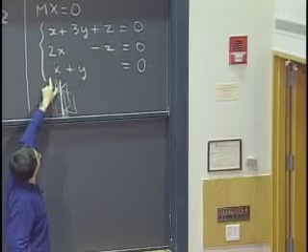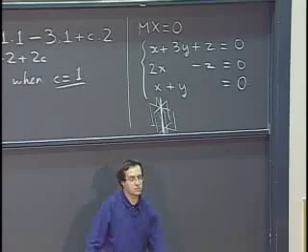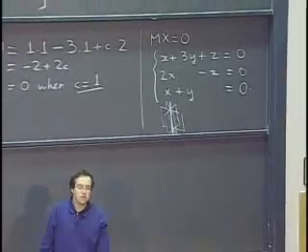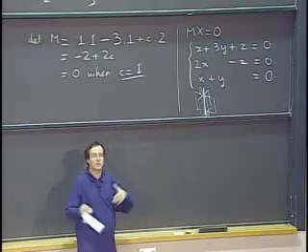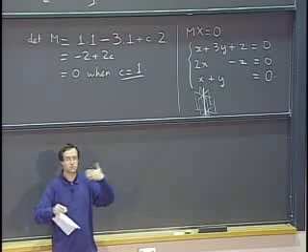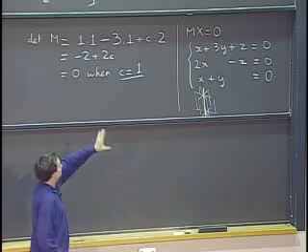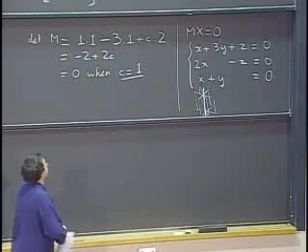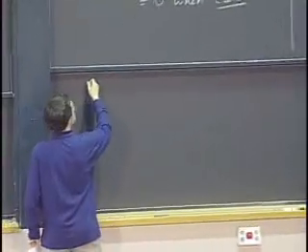Right? 3 times x plus y minus 2x minus z will be x plus 3y plus z. Now, we don't actually need to see that to solve the problem. I'm just showing you that's what happens when you have a matrix with determinant 0. One of the equations somehow is a duplicate of the others. We don't actually need to figure out how exactly.